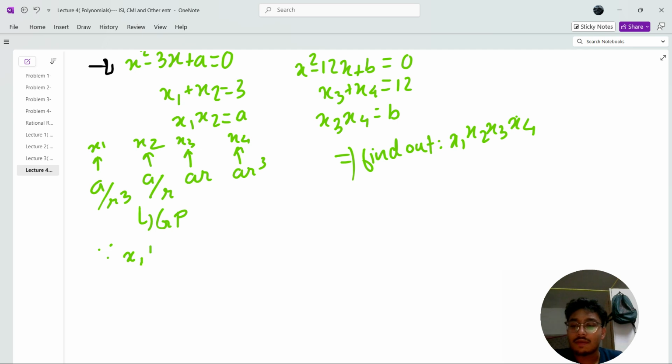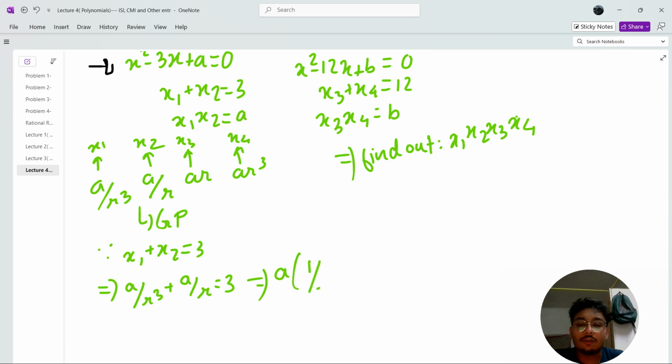Since x1 plus x2 is 3, that gives me a by r cube plus a by r is 3. That means a into 1 by r cube plus 1 by r is 3. This is my equation 1.